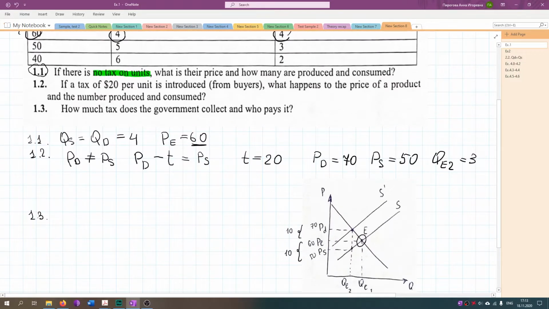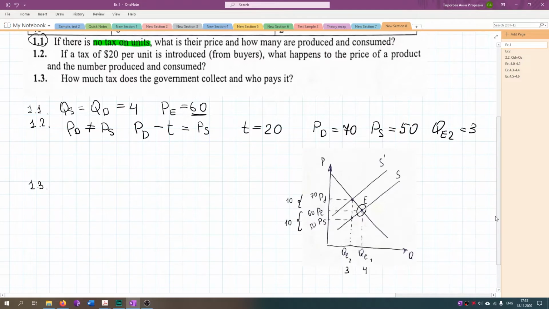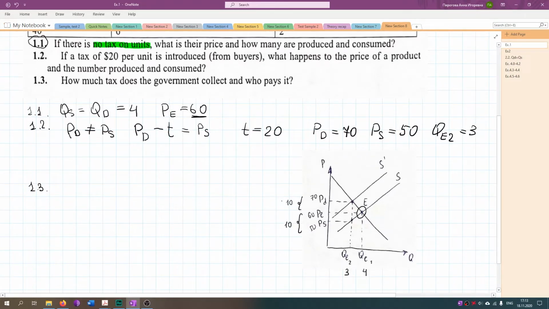And let's talk about the third task. How much tax does the government collect and who pays it? For this purpose, we will draw a graph representing our demand and supply and equilibrium. So in the first case, as you can see, our price equilibrium was 60 and our quantity equilibrium was 4.